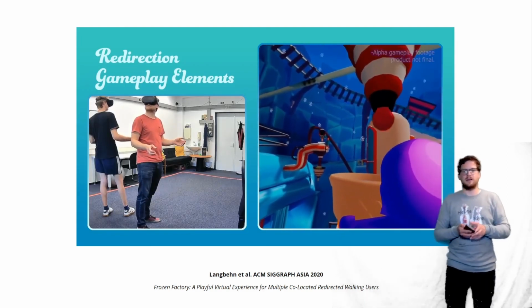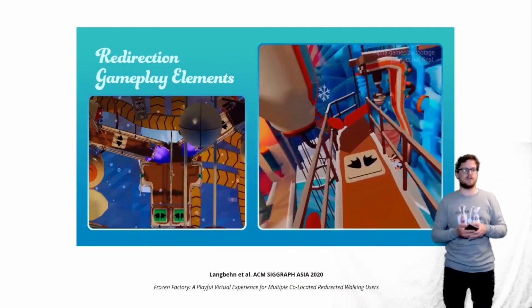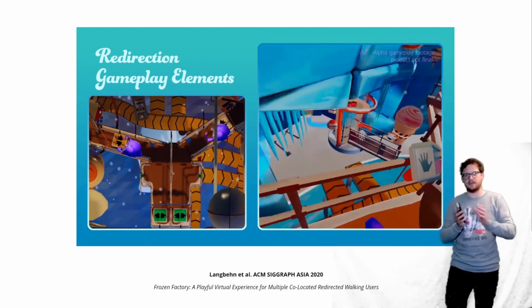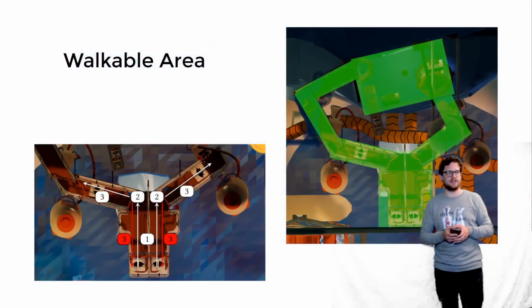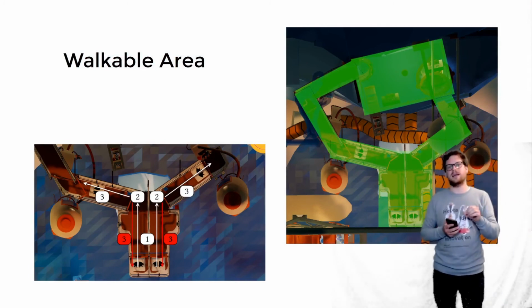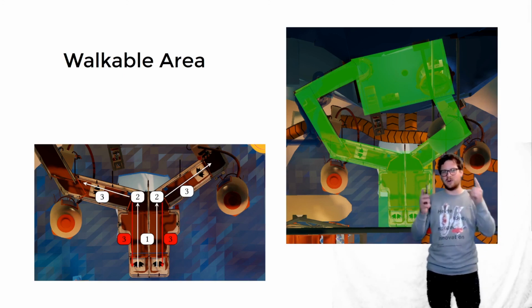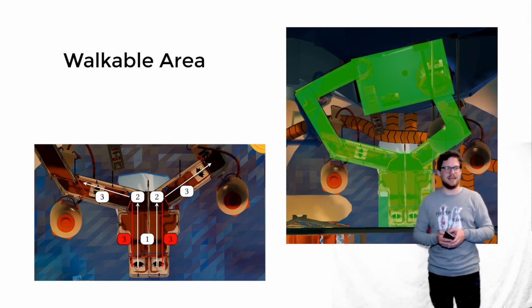So it's separated, and then we had these rotation gains where we turn around the environment around them at certain spots. And now, as you can see here, they can walk on. I also have another picture here. On the bottom picture you can see there's a rotation point, and they actually continue to walk on this path, but in the real world they are walking back from where they come and actually standing side by side.